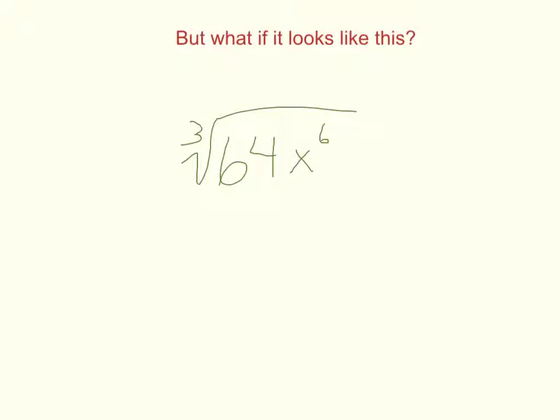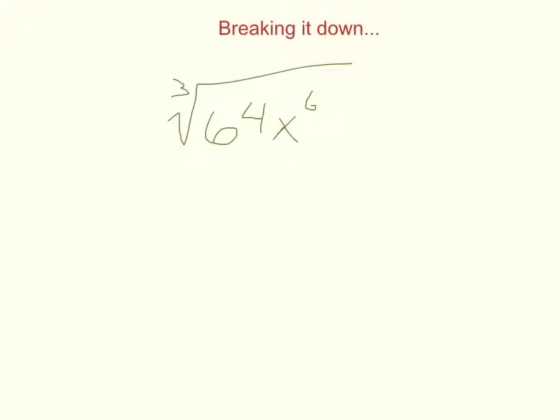But what if it looks like this? I mean, what do we do then? Well, let's look at it. So for a problem like this, we have to break it down a little bit differently. So we've got 4 times 4 times 4, that is 64. And then we have 6 x's, so that's x times x times x times x times x times x.